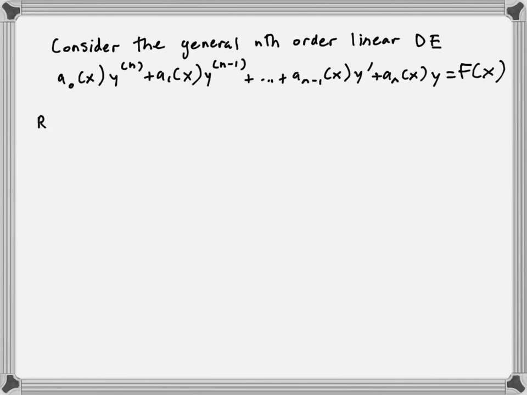I want you to recall some terminology here. If the function on the right is identically 0. By the way, those 3 equal signs remind you I don't mean it equals 0 at certain x's, but is identically 0.